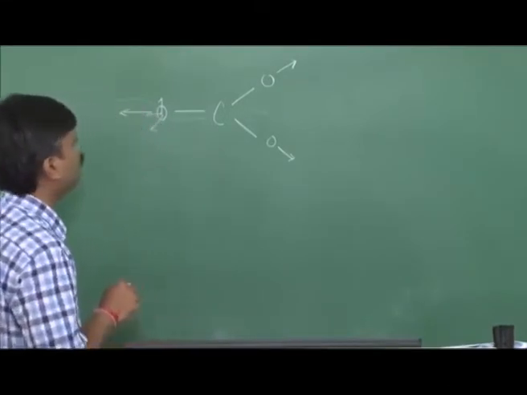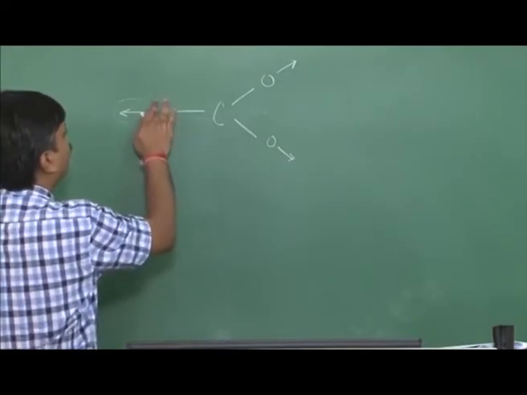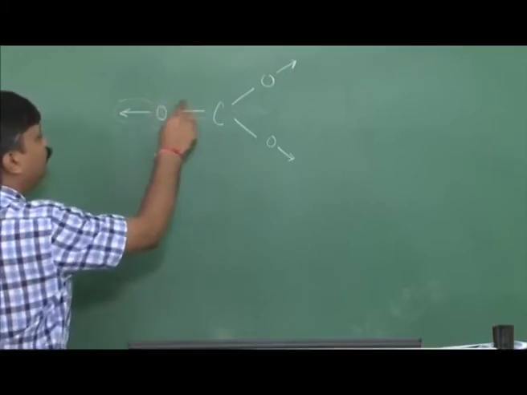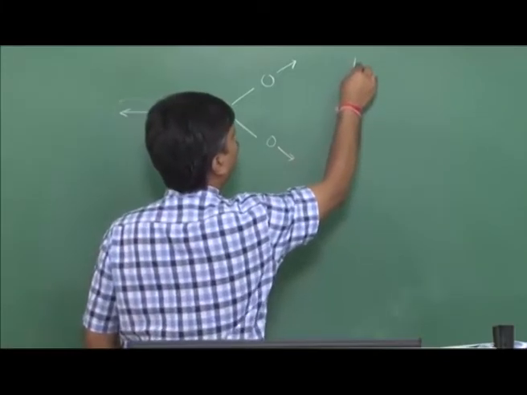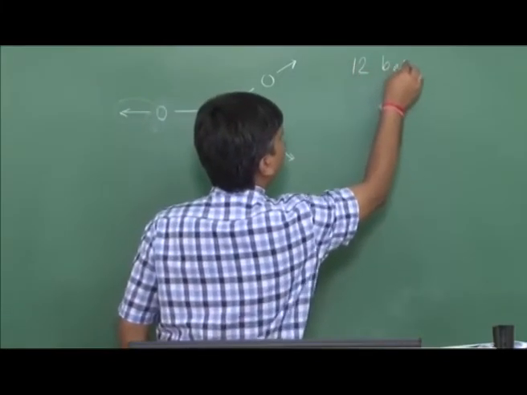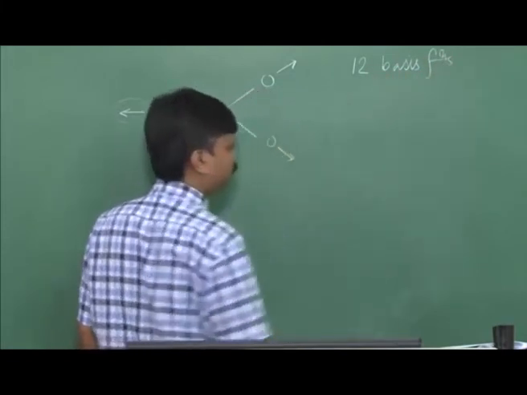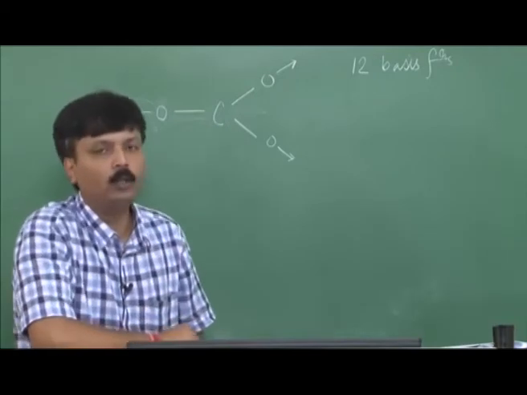Therefore, for this one I will have a total of 4 atoms, so 4 into 3, total 12 basis functions in my set, and we can do whatever we want to do on that.